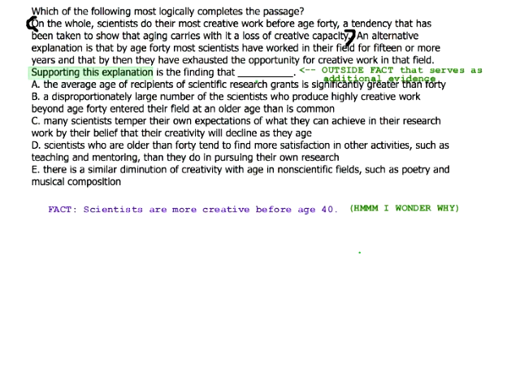A tendency that has been taken to show: some people think that you just get too old to be creative.